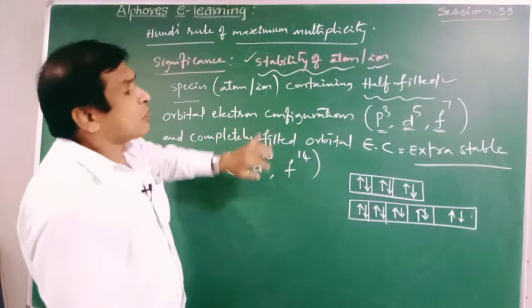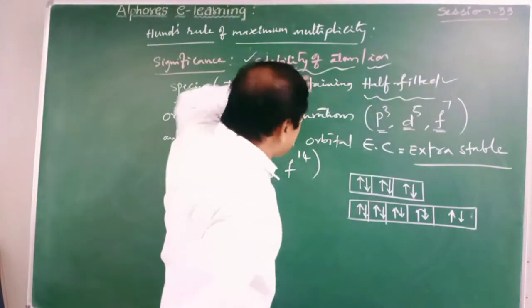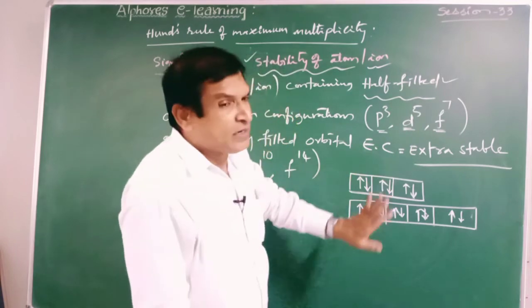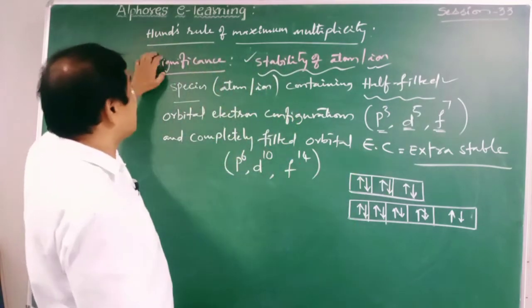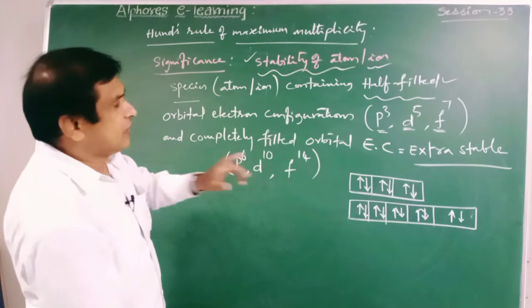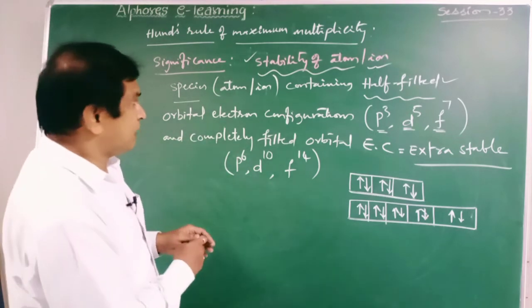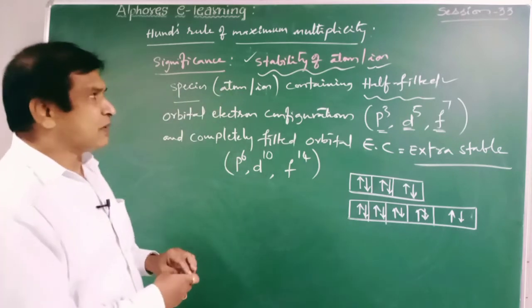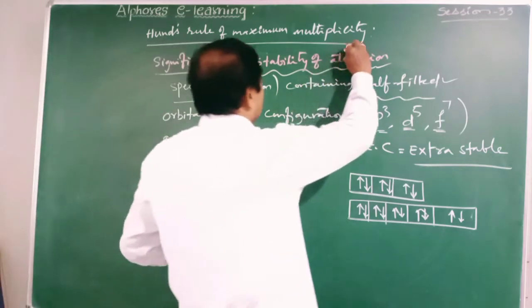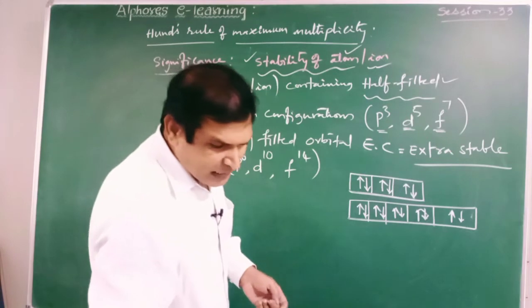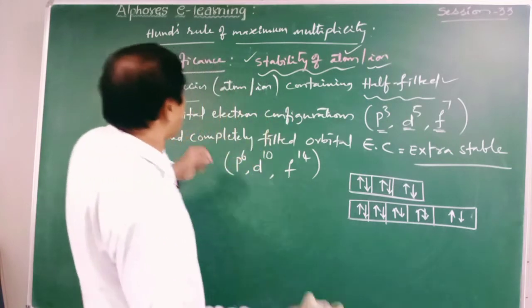Half-filled orbitals and completely filled atomic orbital configurations are extra stable according to the significance of Hund's rule. That is, it explains stability of atom or ion. Let us take up some examples of that.